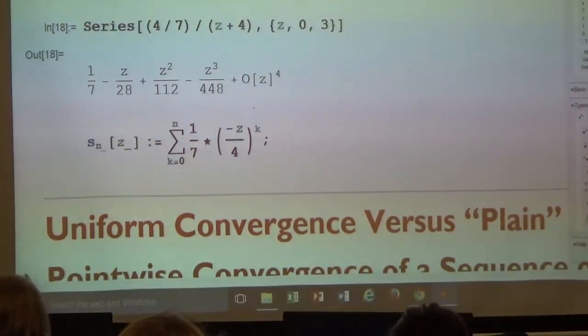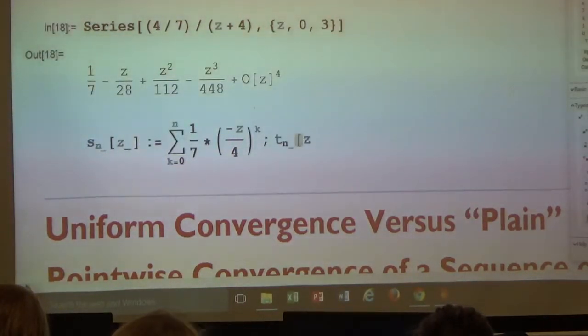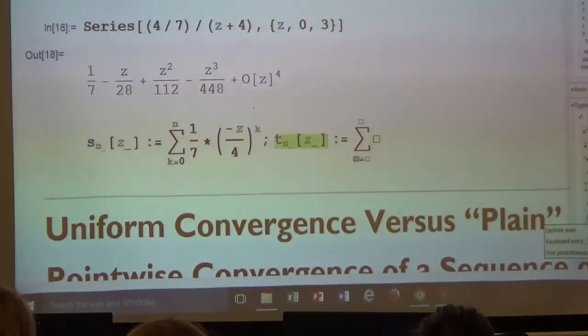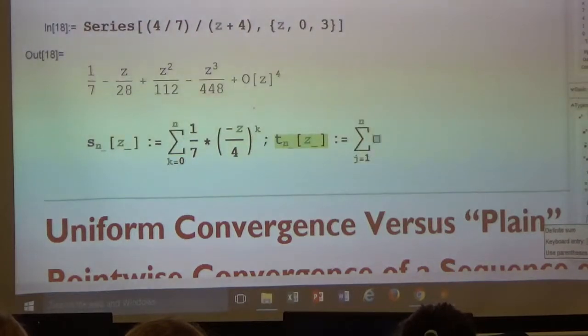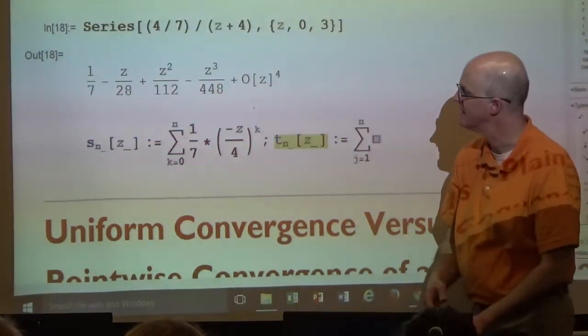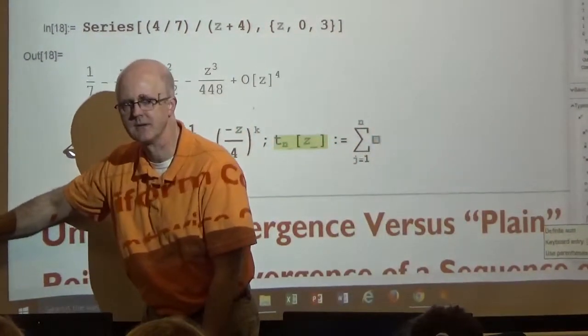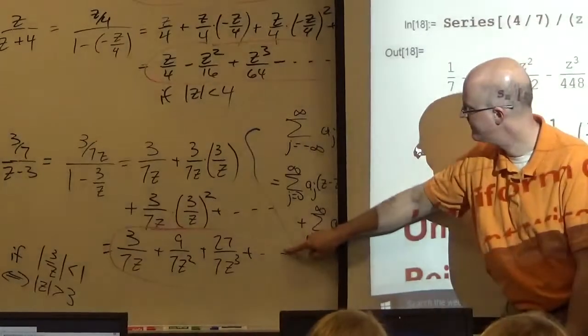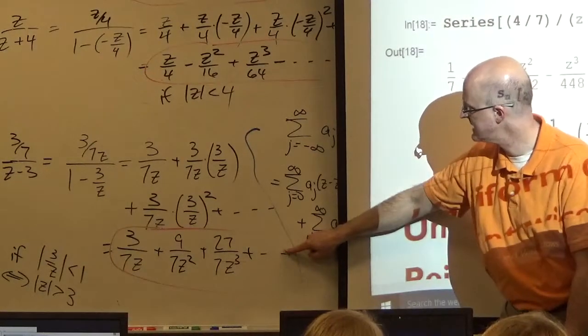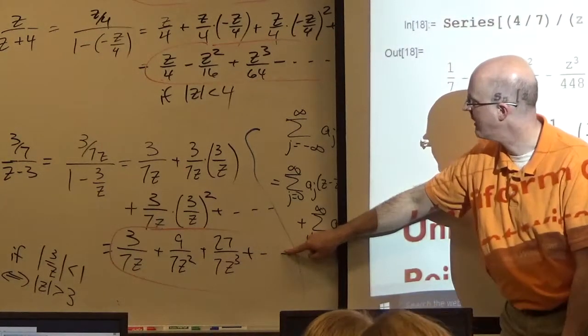What about the partial sum, not for the Taylor series of the other function, but instead the Laurent series centered at 0? I'm switching around the j's and the k's, but don't worry about that. I'm going to use this series here. 3 over 7 z is a, and r is 3 over z.